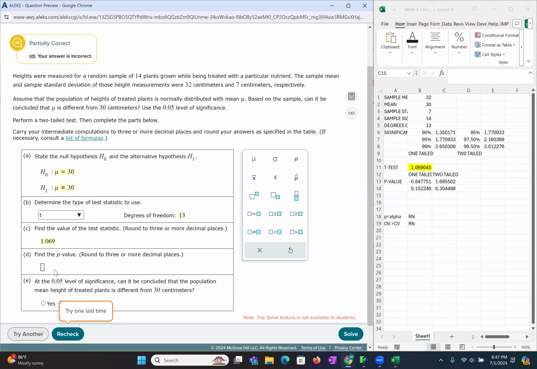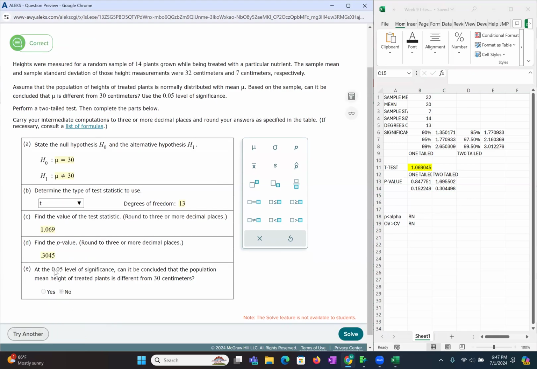In other words, it has to fit in between 0 and 1. So if I do this times 2, it gives you 0.3. If I do the 0.84 times 2, I get 1.69. Not doable. Because it's two-tailed, you try both.